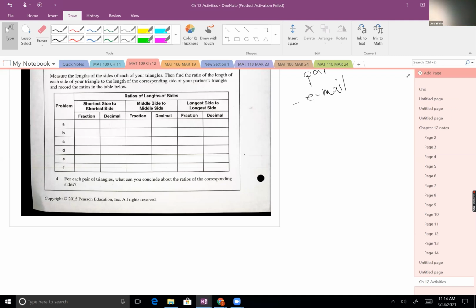Let me see. And actually, I have to stop sharing for this to work. And so, no, the extension cord isn't long enough.